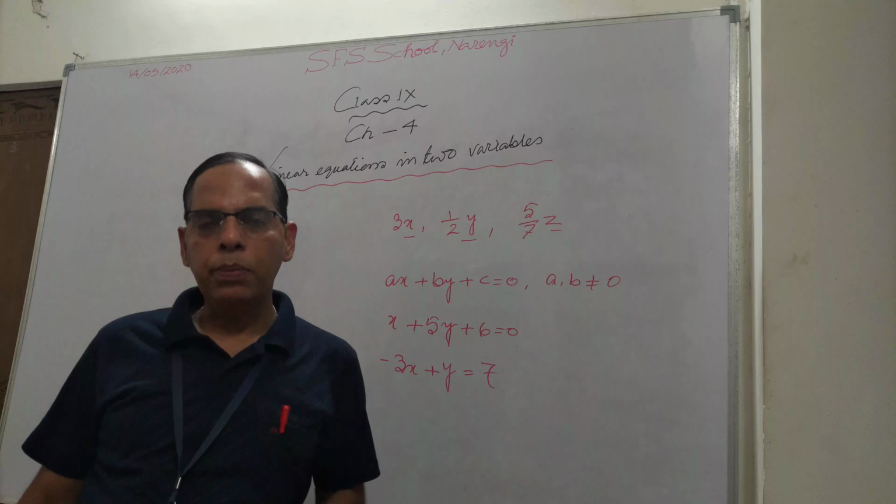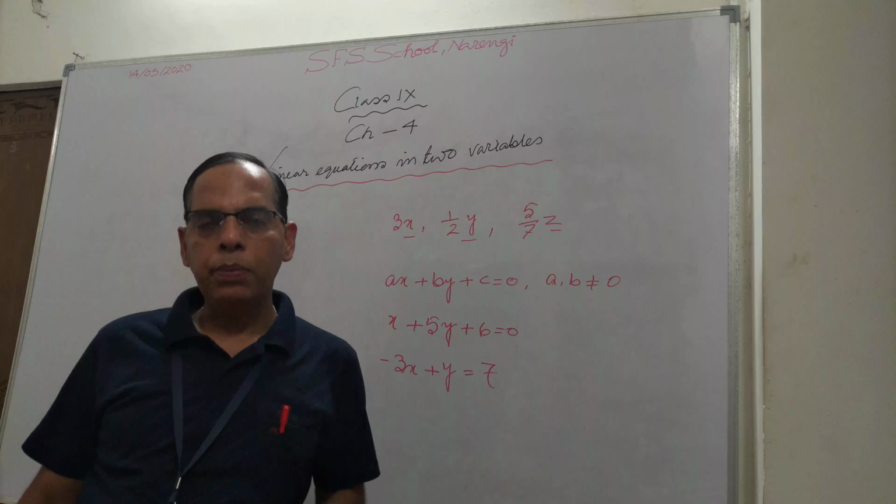See, suppose first of all you write down the standard form, that is ax plus by plus c. This is the standard. Now if I write down x plus 5y equal to 3, I'll ask you to convert this into standard form.